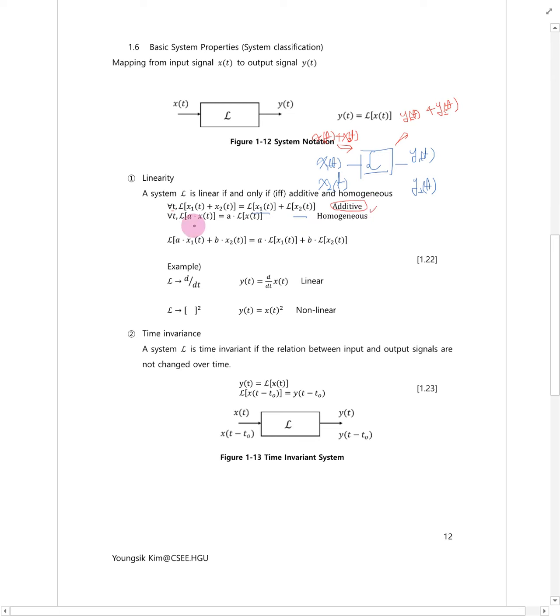The next one is homogeneity, or scalability. If we multiply the input by a, the output equals a times its output. Similarly, if we apply a times x(t) here, it should equal a times y(t).